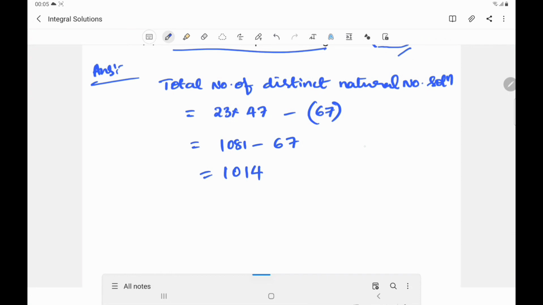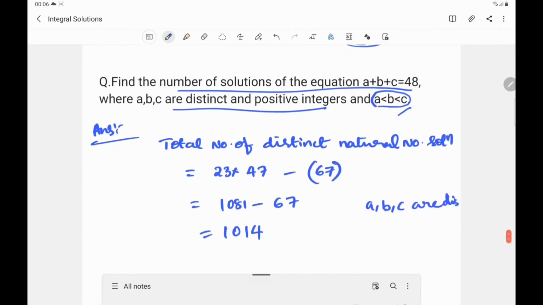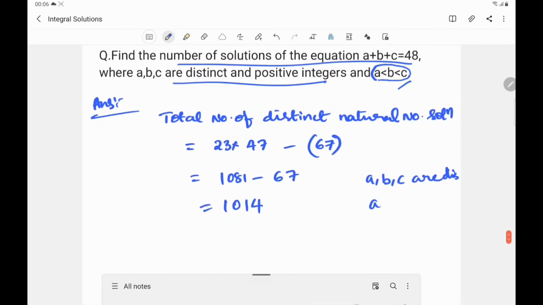Now let us take a case where a, b, c are distinct and are able to solve this equation a plus b plus c as 48. So suppose c is 22 and this is 10, so 32 is over and a is 16, so we are getting a total of 48 here.